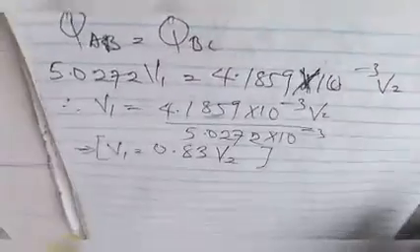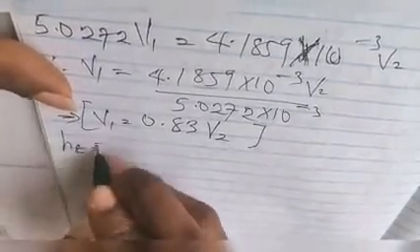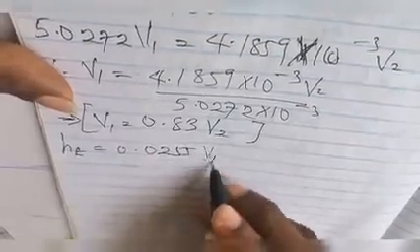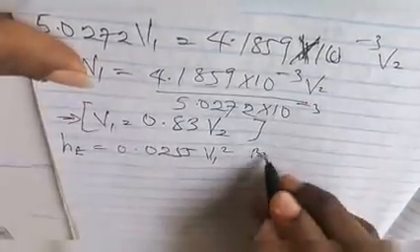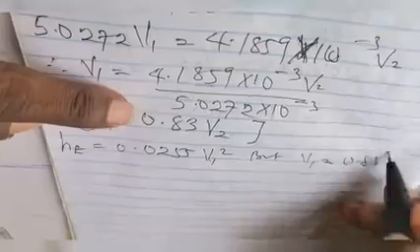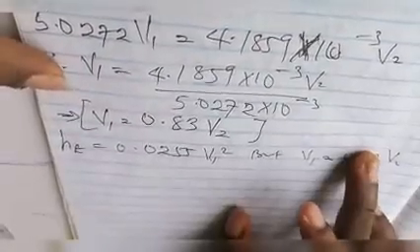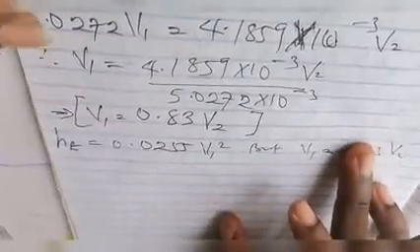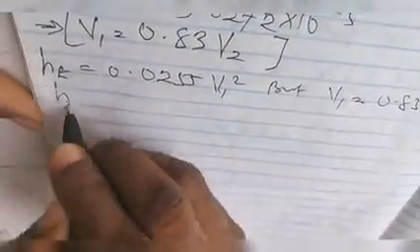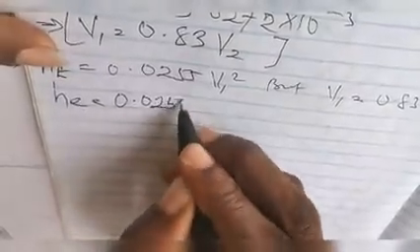Let's recall it again. Head loss due to entrance, HE, gave us 0.0255 V1 squared, but we know what V1 is. V1 is equal to 0.83 V2. So in place of V1, we'll put in this value, and we are definitely going to have head loss due to entrance equal to 0.0255.